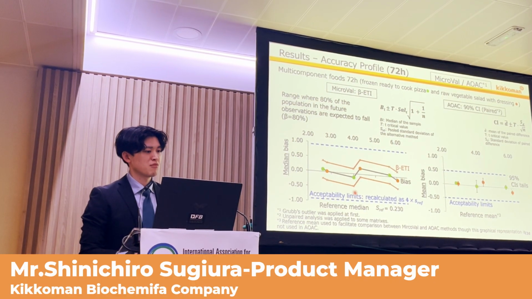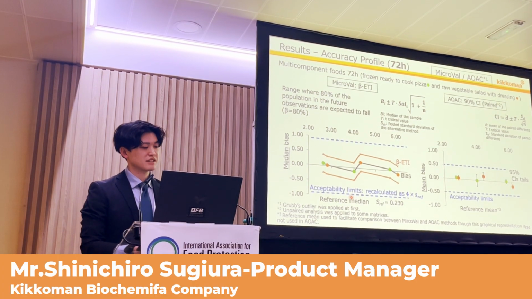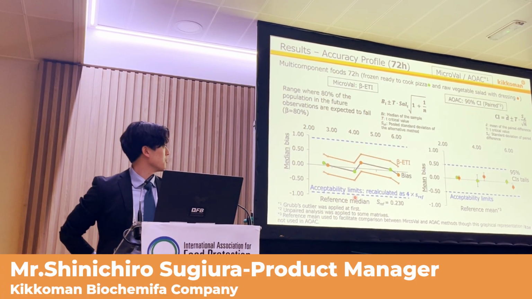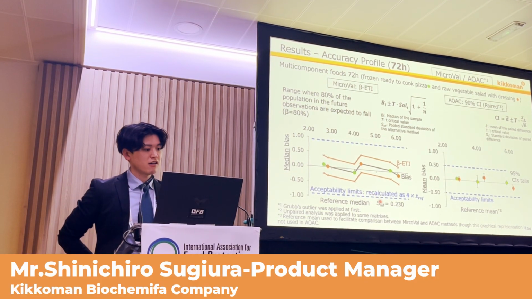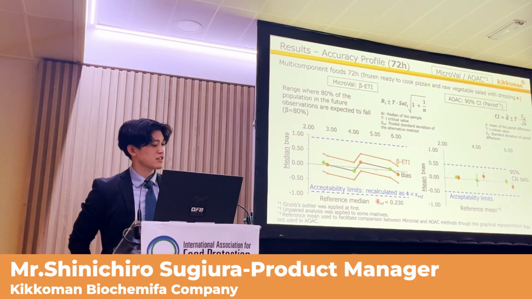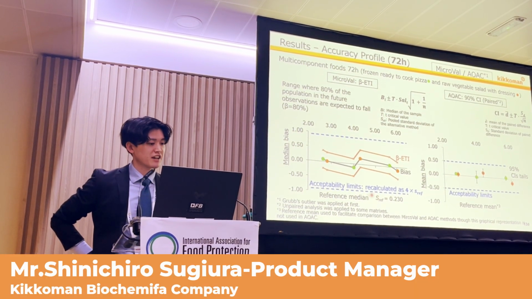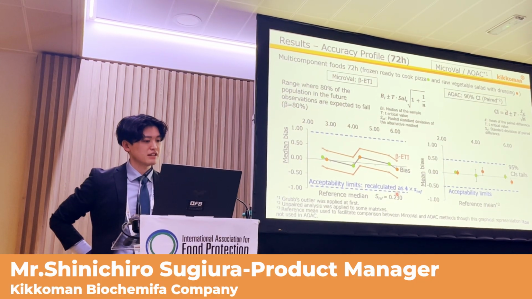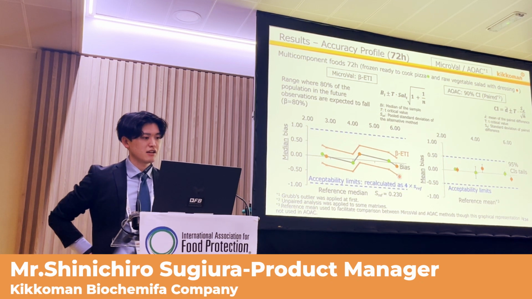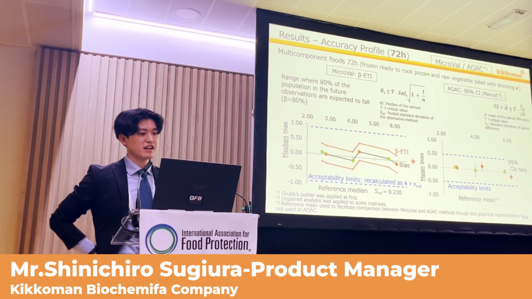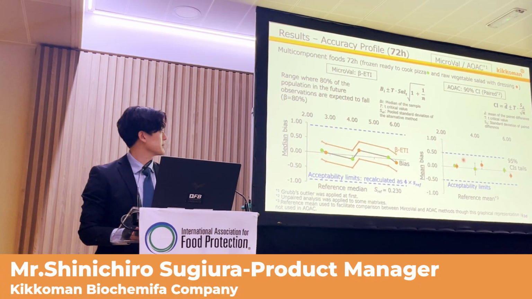So in MicroVal and AOAC, the criteria acceptability limits are basically 0.5 log units. But in MicroVal, when the standard deviation of the reference method is more than 0.125, it is recalculated as 4 times the standard deviation of the reference method. And in this case, both beta ETI and confidence interval are within the range of the acceptability limits.